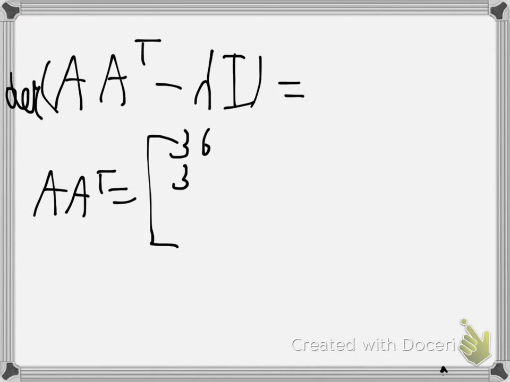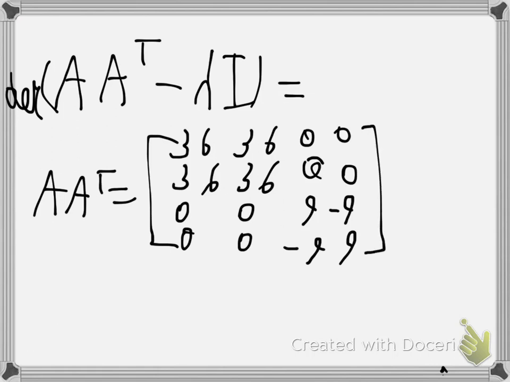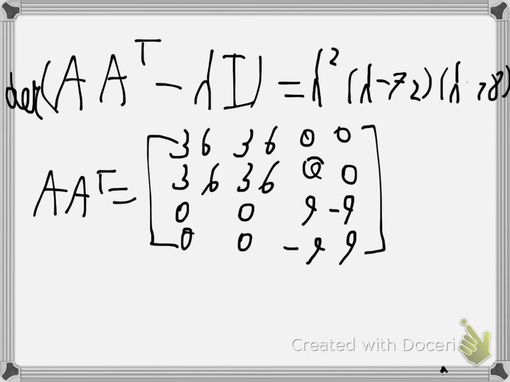36 0 0 0 0 0 0, okay, 9 9, negative 9, sorry, negative 9 and 9. Okay, so it seems easier that way. So if you find the eigenvalues, it will give you the following: lambda squared times lambda minus 72 times lambda minus 18.